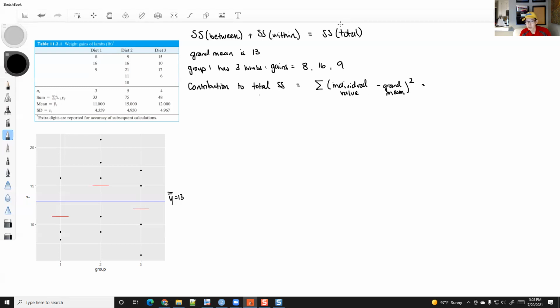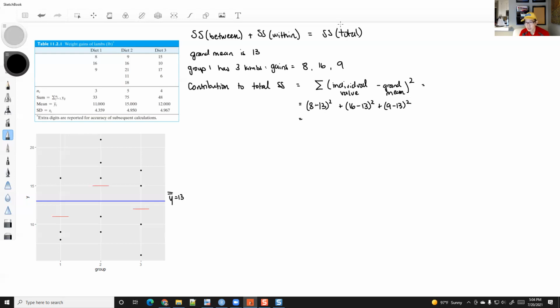We take each value: 8 minus 13, we square that; the next value, 16 minus 13, we square that; and the last one, 9 minus 13, we square that. I'm just doing it for one diet. We could do it for all 3 diets, but it would take a long time.